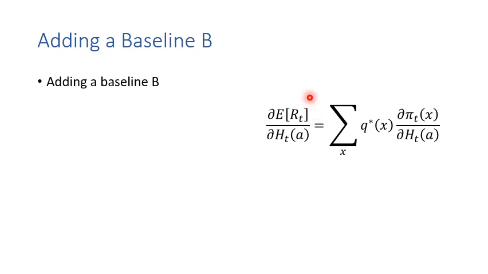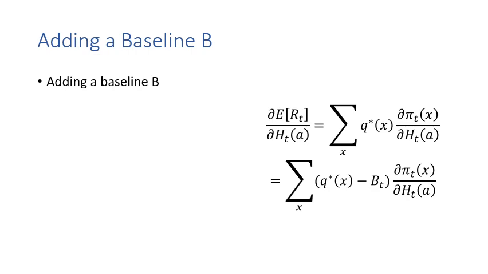Let's go back to our previous partial derivative of expected reward over the action preference. We only need to do the partial derivative of our action probability pi, right? And because we are using the Softmax function, we can add a baseline.